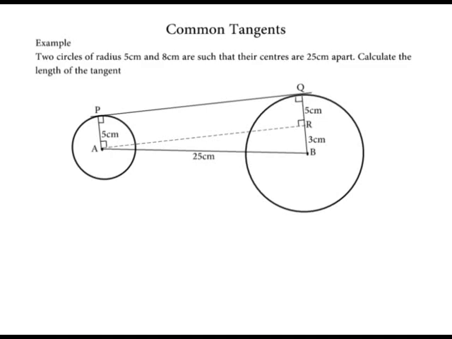By Pythagoras' theorem, AR squared is equal to AB squared minus BR squared. That is 25 squared minus 3 squared, and AR is equal to 24.82 centimeters. AR is equal to PQ because they are the opposite sides of the rectangle, and that is also equal to 24.82 centimeters.